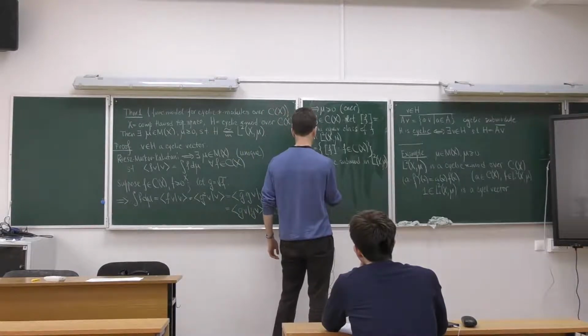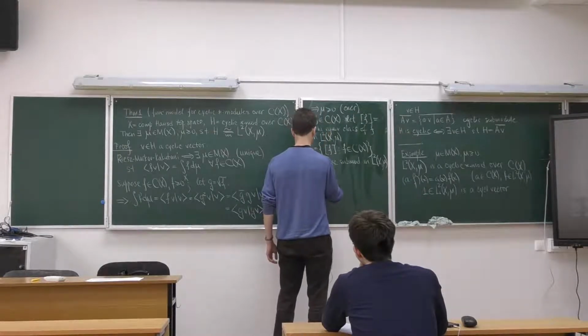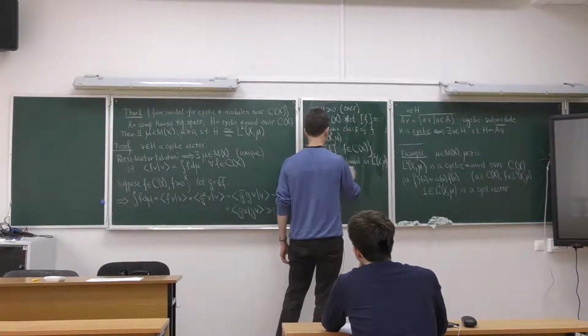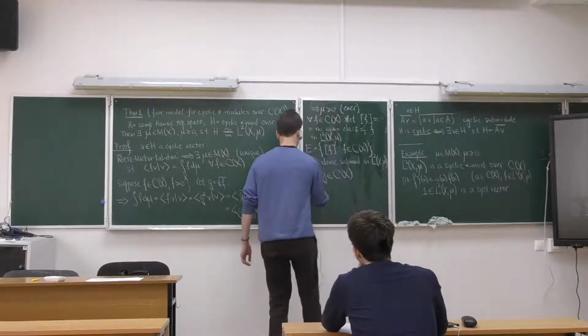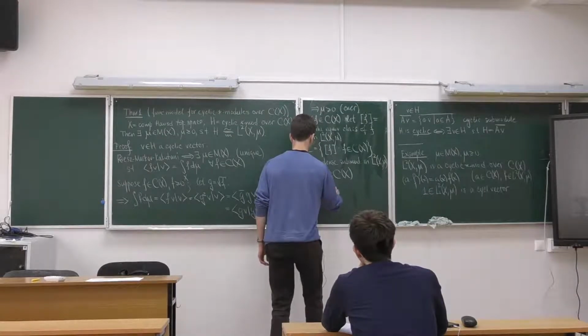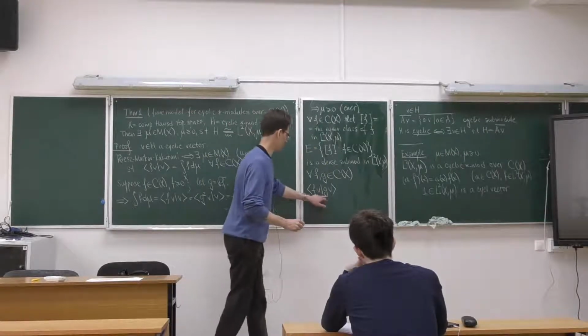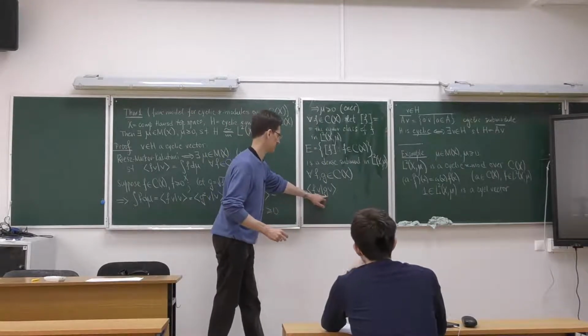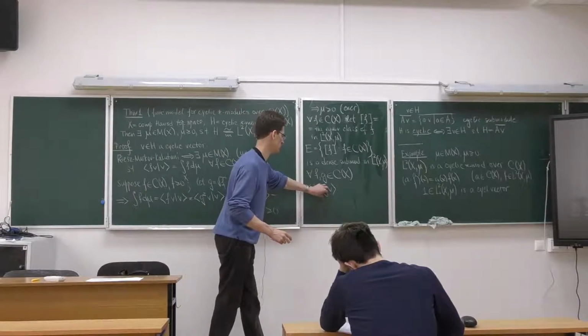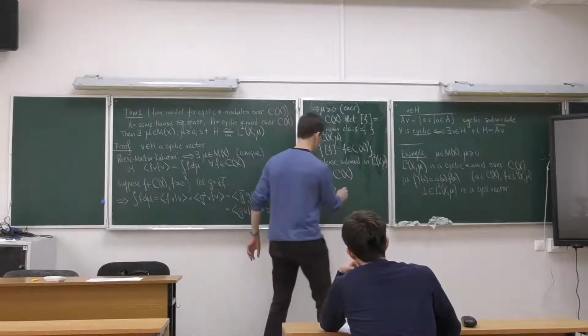So we take any two functions, f and g, any two continuous functions, and let's calculate the inner product of fV and gV. Again, we use the assumption that H is a star module, so we move g from here to here, so it becomes g bar.